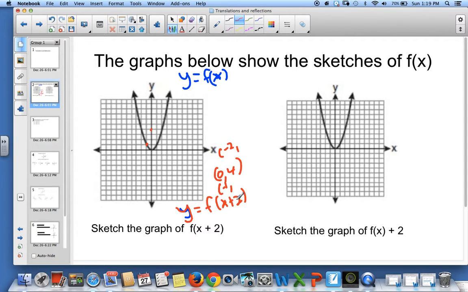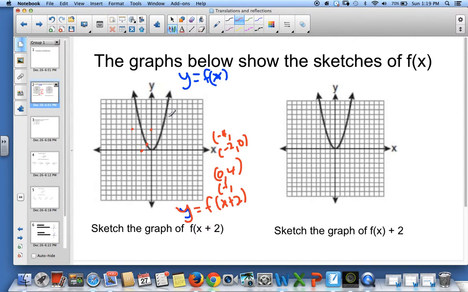Negative 2 plus 2 is 0, so the height will be the same as f of 0, which is 0, so it looks right here. And if I continue, what if I said negative 4? I would put in negative 4 plus 2, which is negative 2. At negative 2, the graph is at 4. So that becomes up here to 4.